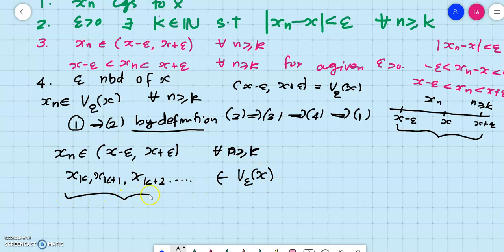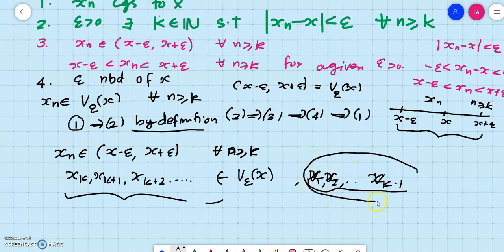So the only terms which do not belong to this interval are x1, x2, etc., xk minus 1, which is a finite number of terms.